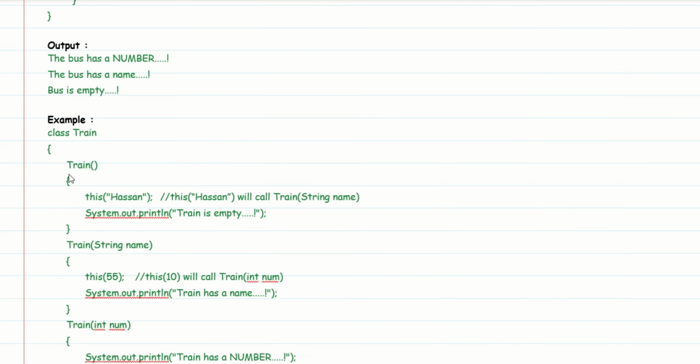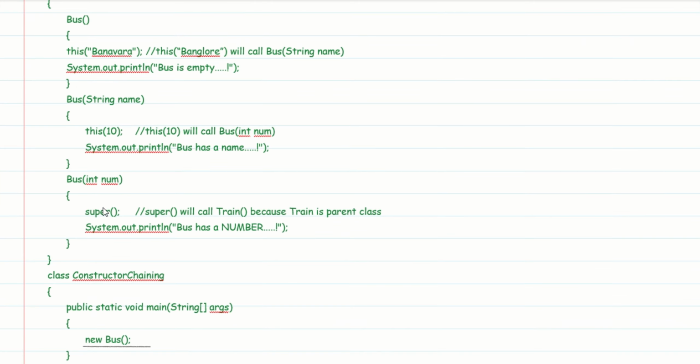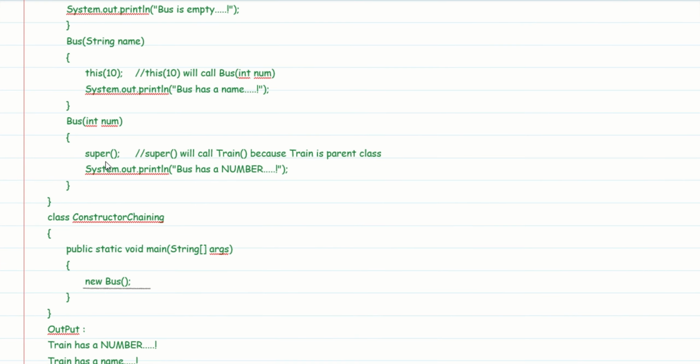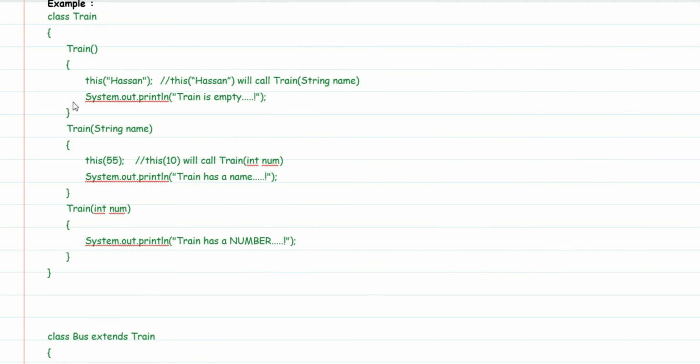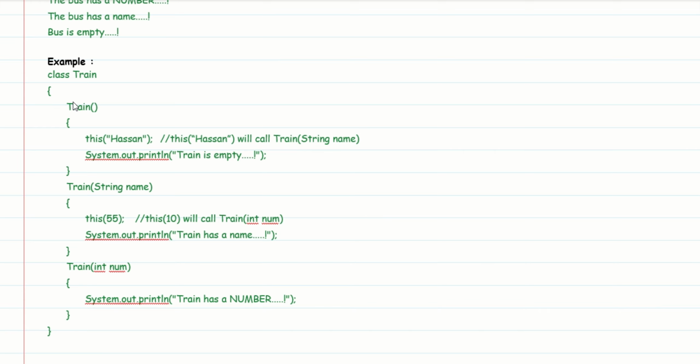So again, it will go here. Instead of having a Train call, we are using the super one. So what happens? It will call the immediate parent constructor. So you can see again within this I have a first statement to call another constructor with a string parameter, with an int parameter. At last I'm printing train has a number.